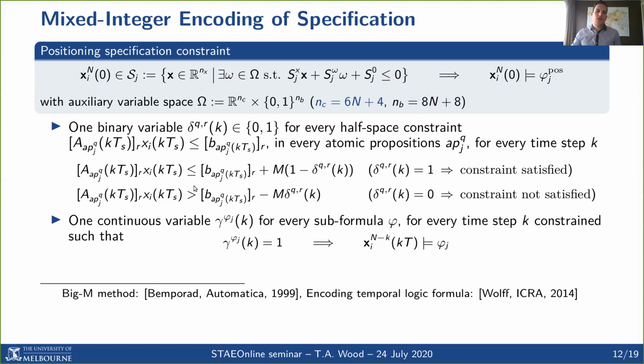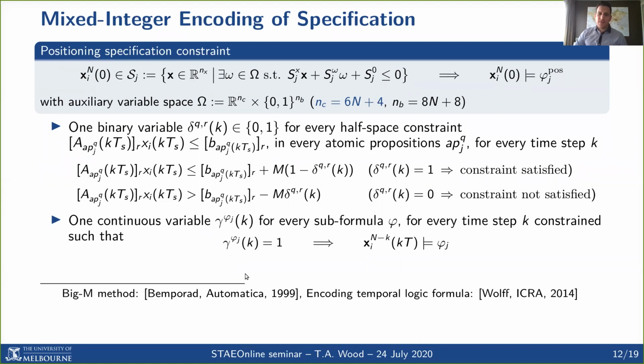And then we introduce auxiliary variables for every operator we use in our specification. So for every and, or, eventually operation we have, we introduce another auxiliary variable that will take binary values, but it doesn't have to be a binary, we can just bound it between 1 and 0, and because everything is linear, the solution will take value in 1 or 0.